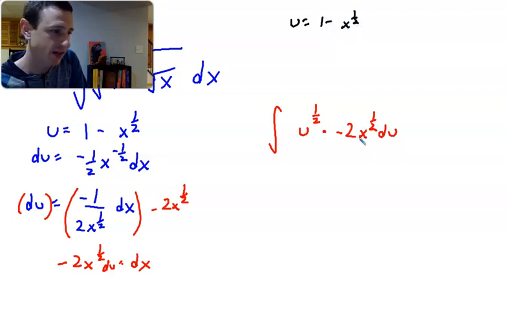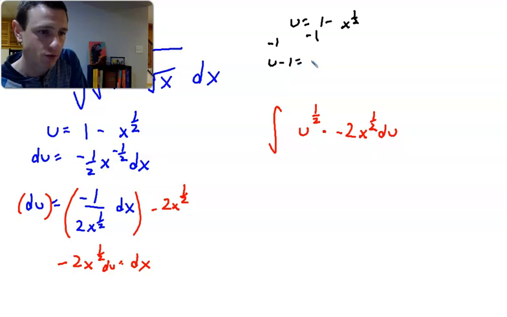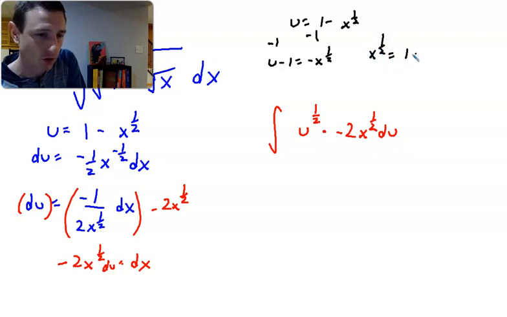I'm going to replace x with a statement in terms of u. So I'm going to subtract 1. I'm going to have u minus 1 equals negative x to the 1/2. It's negative, so let's flip that. X to the 1/2 equals 1 minus u.